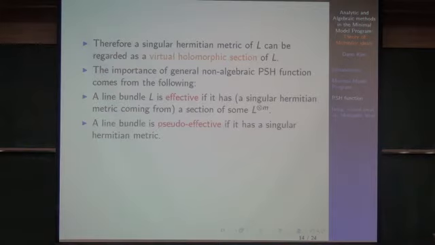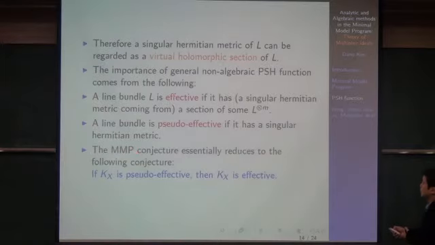On the other hand, a line bundle is pseudo-effective if it has a singular Hermitian metric instead of a section. When it has a singular Hermitian metric, as we defined in the previous slide, it may be coming from a section, but it may also not be coming from a section.